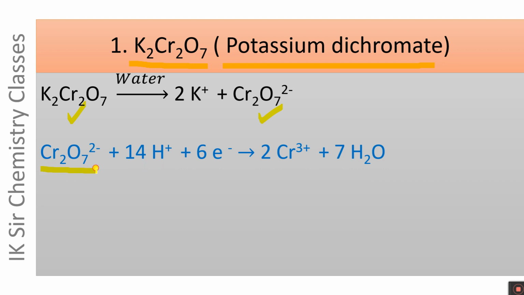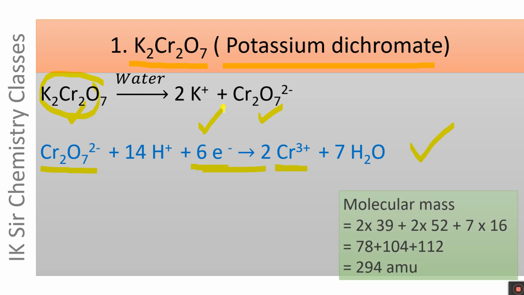Cr2O7 2- ion is reduced to Cr3+, and on balancing, this one Cr2O7 2- ion gains 6 electrons. It means one molecule of K2Cr2O7 gains 6 electrons.